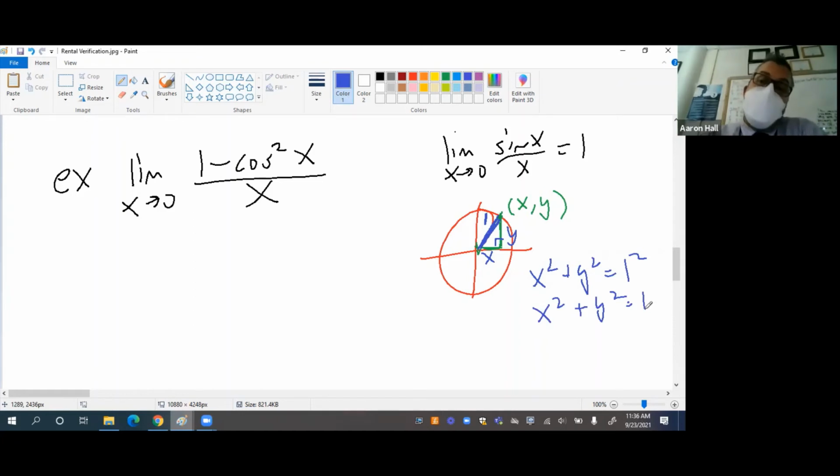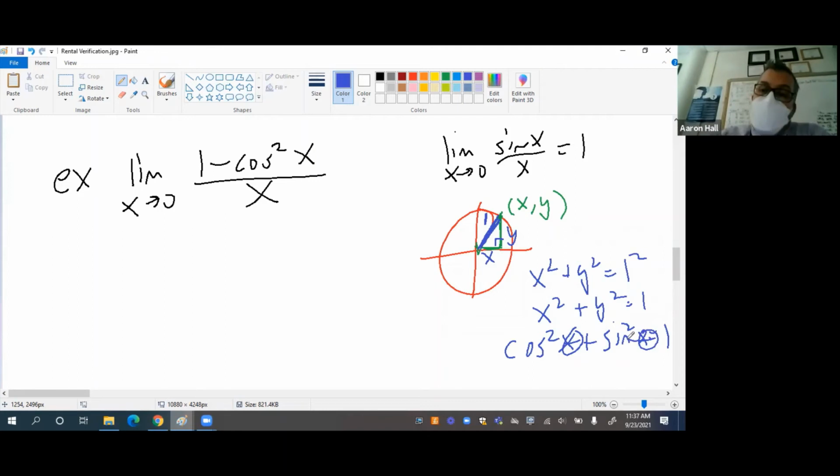But for a unit circle, our x value is what? It's cosine of x. Instead of writing cosine of x squared, we write cosine squared x. It's the same thing. You guys know that? Okay. And then plus our y value for the unit circle is our sine. This is our theta if you prefer.